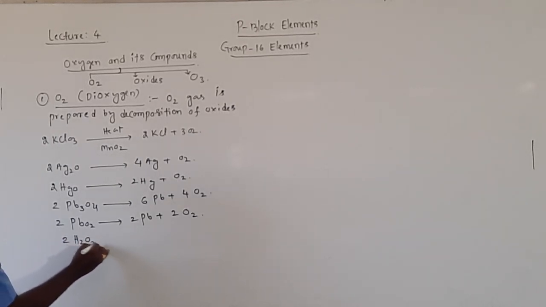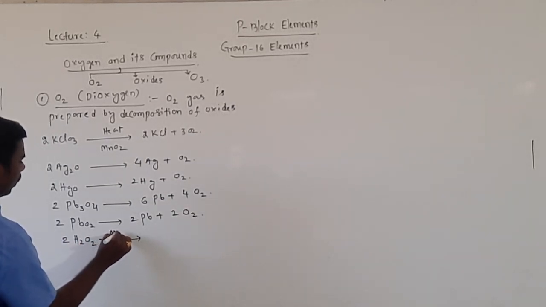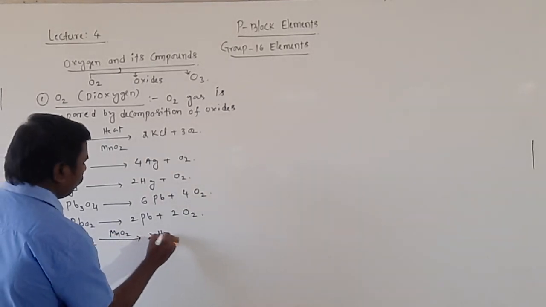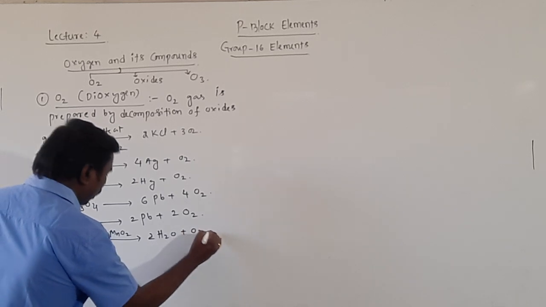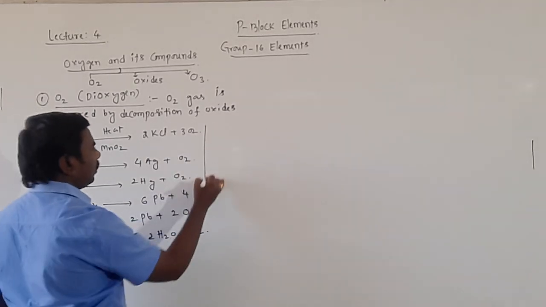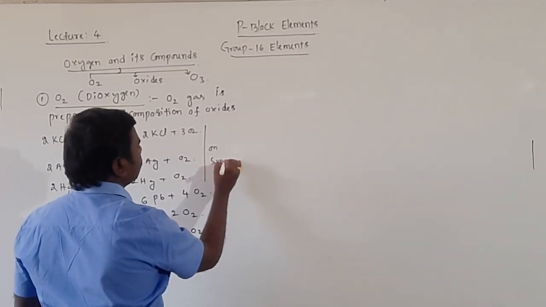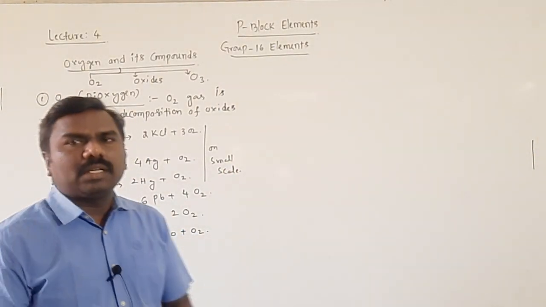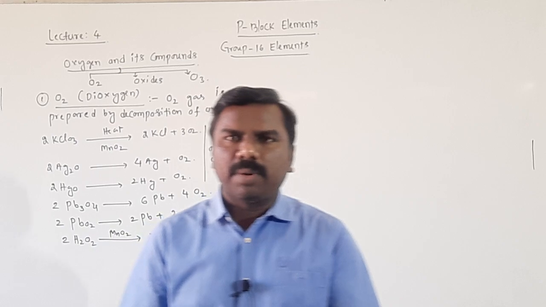2H2O2, hydrogen peroxide, in presence of MnO2 as a catalyst gives 2 moles of water plus 1 mole of oxygen gas liberated. These are the methods on small scale, which means in the laboratory, how you can prepare.